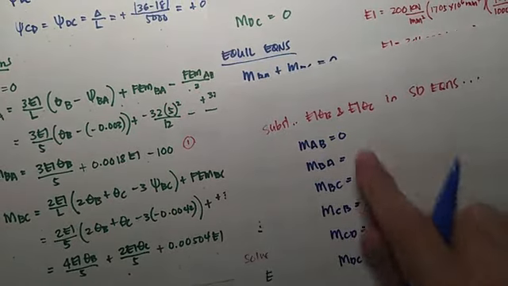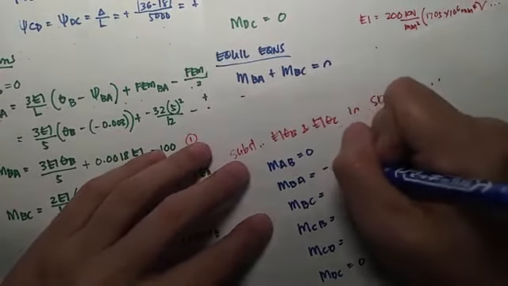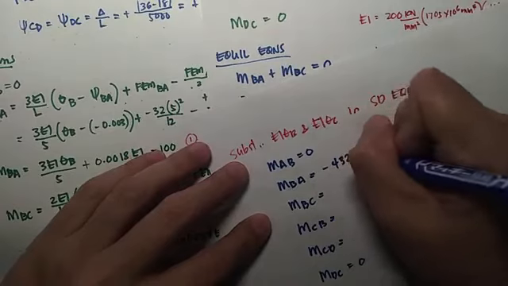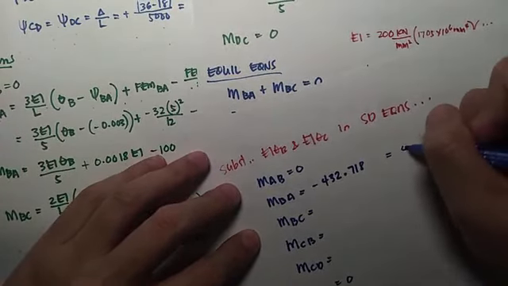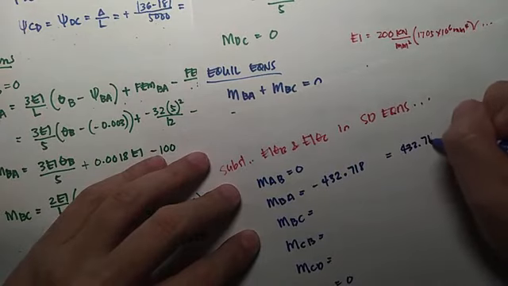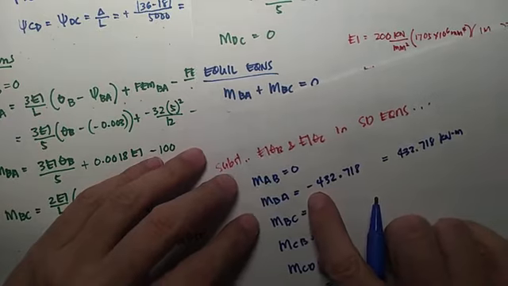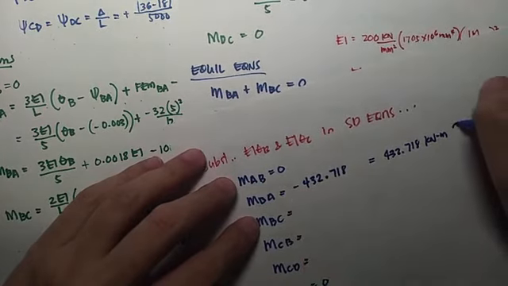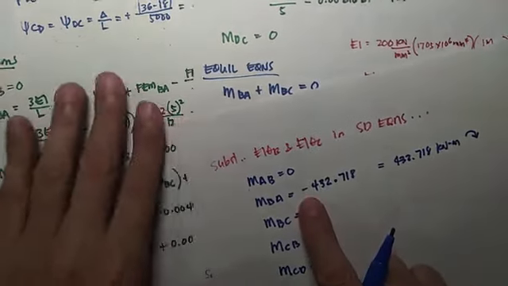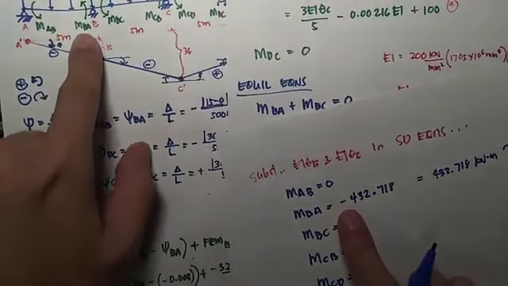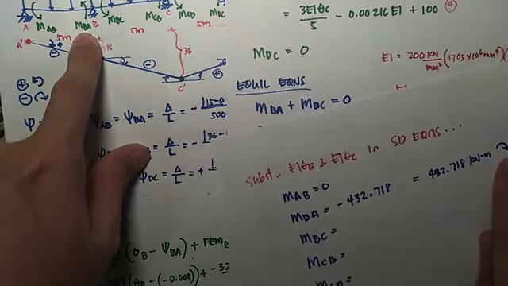So pagka sinubstitute mo yan, the values there would be this is negative 432.718. So that means 432.718 kilonewton meter is the answer. Negative means hindi siya counter, so it should be clockwise. Ibig sabihin mali yung direction natin nung inassume natin na counterclockwise, so it would be clockwise. Tinanggal ko na yung negative, tapos nilagay ko doon yung clockwise.